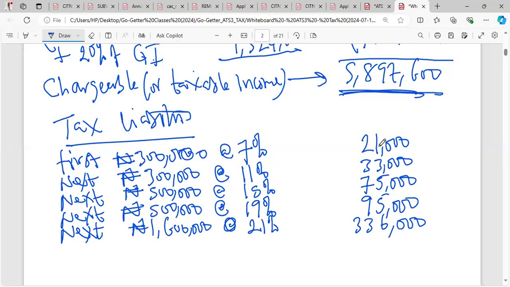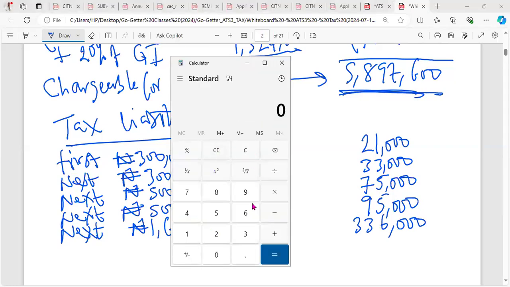Now I want you to do something for me. If we are to add all of these, I should be getting 560. Let's see if we are correct. 21 plus 33 plus 75 plus 95 plus 336. And that's 560. That's fine.